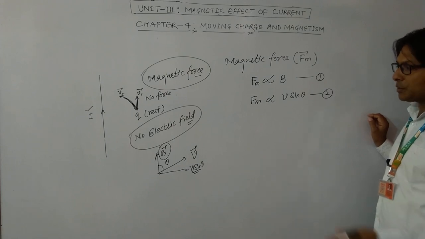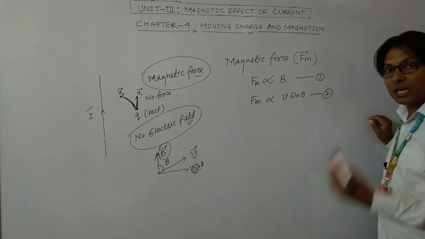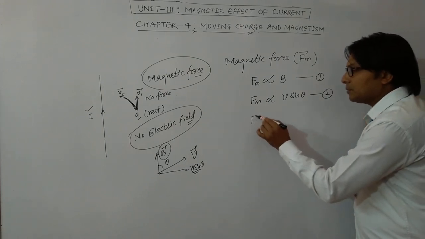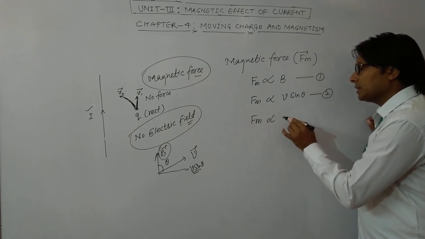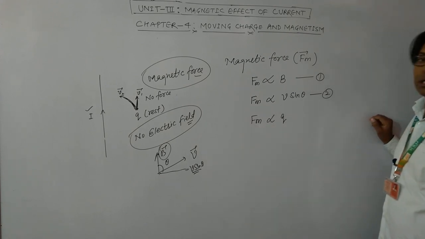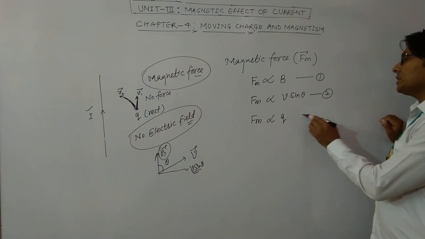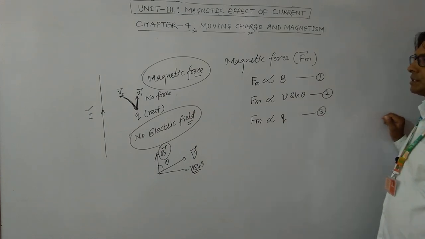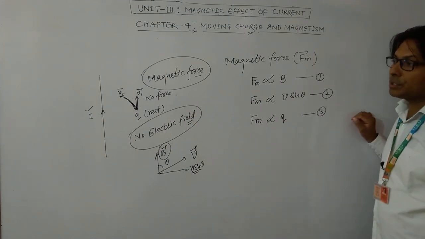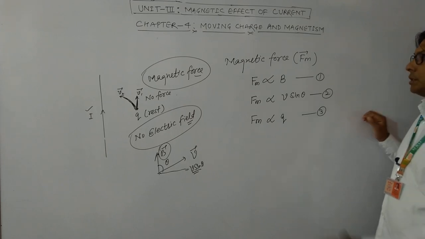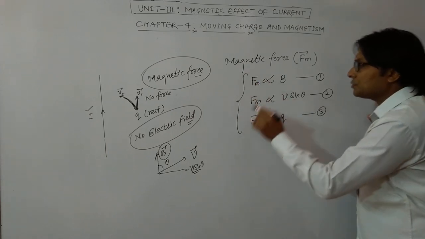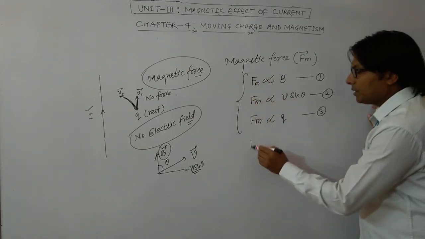Also it has been observed that if we increase the value of charge, then definitely this force also increases. So it depends on the charge also. So these are the three observations which come across through this experiment. So if I combine all these three, what can be written?